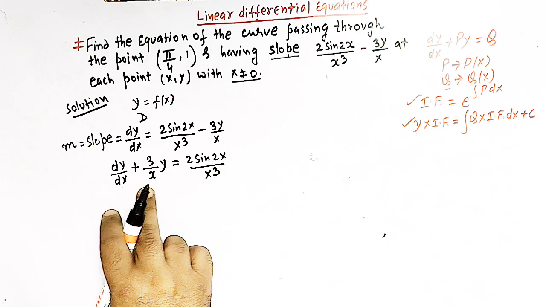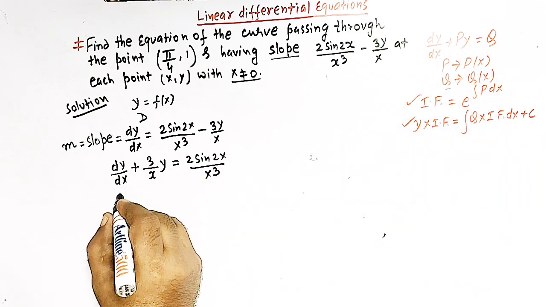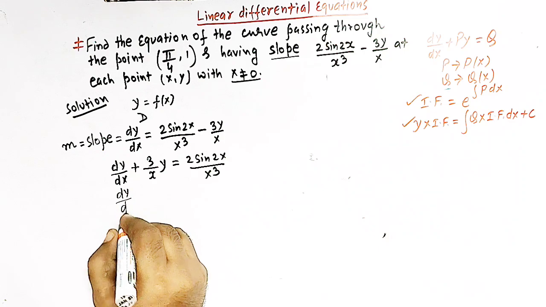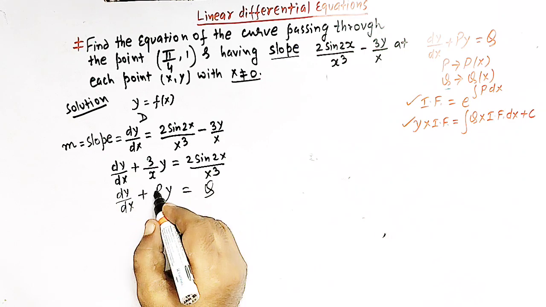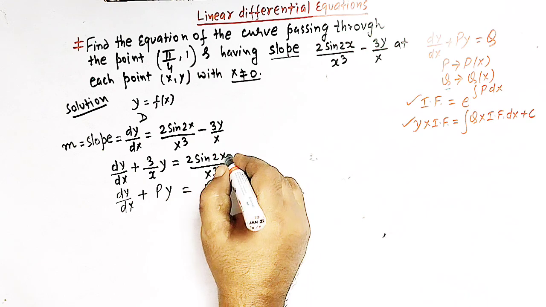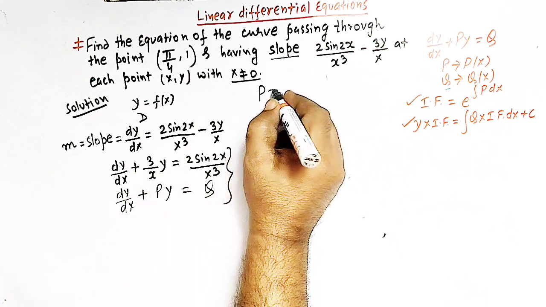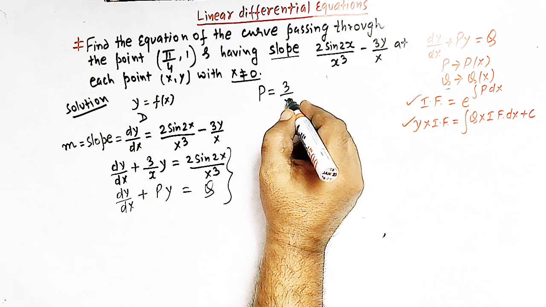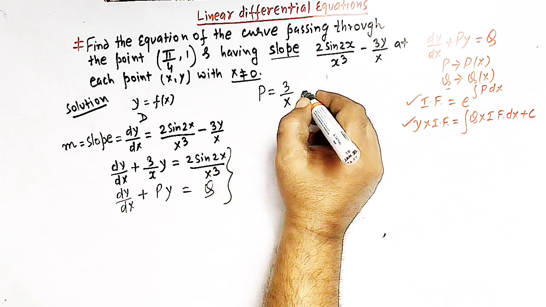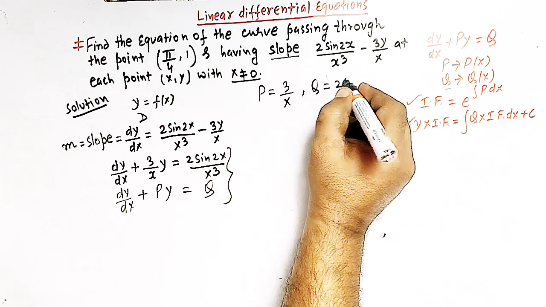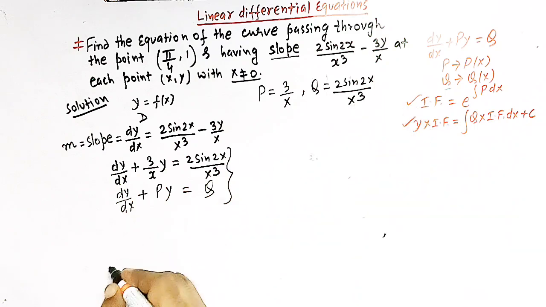Now we can easily see that this equation is similar to this one, that is dy over dx plus py is equal to q. So now if we compare these two equations, we can easily see that p is equal to 3 over x, and p is a function of x, and q is given by 2 sine 2x over x cube, right?